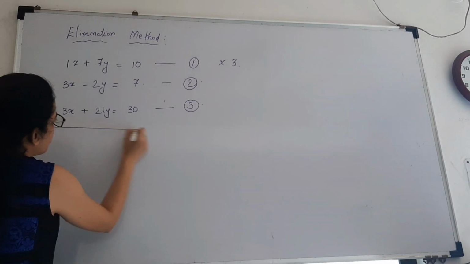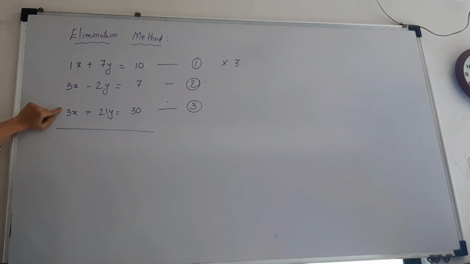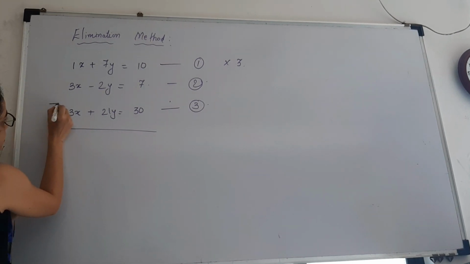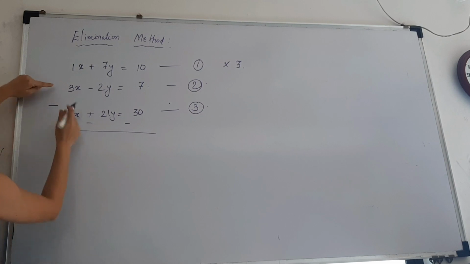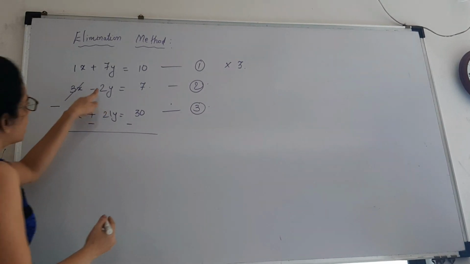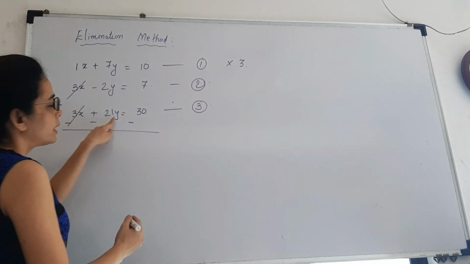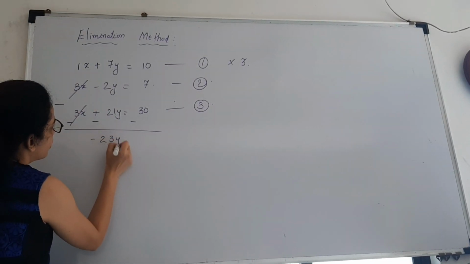So what do I do? What operation do I perform so that I get rid of one of these variables, like x I want to get rid of? I'm going to subtract it. As soon as I subtract, the sign changes. So now it's going to be 3x minus 3x, which cancelled. Here I get minus 2y minus 21y, which is minus 23y.